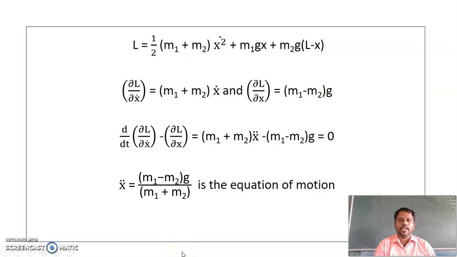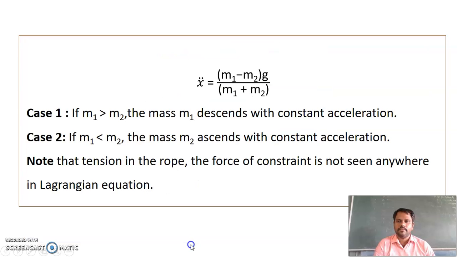Now, based upon their masses, let's have two cases. Case 1: if the mass m1 is greater than m2, then definitely m1 descends with constant acceleration. Case 2: if m1 is less than m2, then mass m2 descends... rather, m2 ascends with constant acceleration.